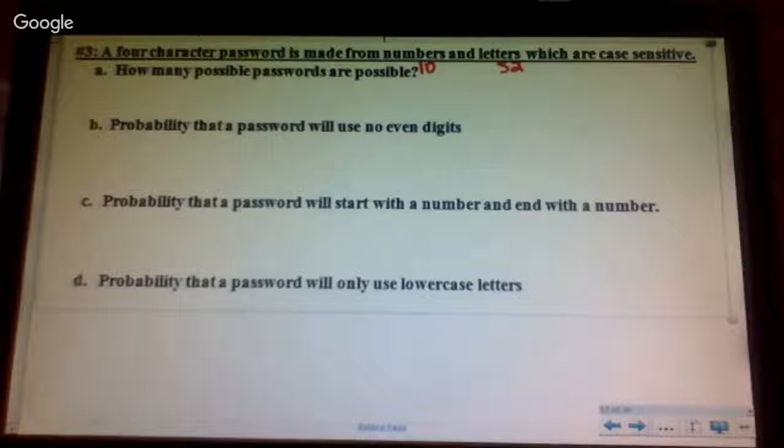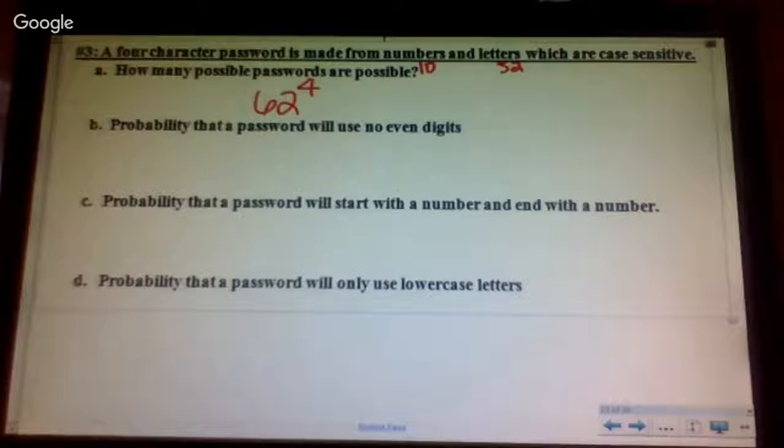So I have 62 options in each space of my password. How many spaces do I need to fill? 4. Let's leave it like that so you don't have to type in all these numbers. You can just write 62 to the 4th. 52 letters because we're case sensitive, which means lowercase and uppercase are different, so we've got double what you have.